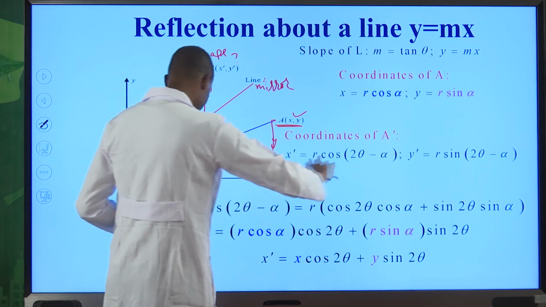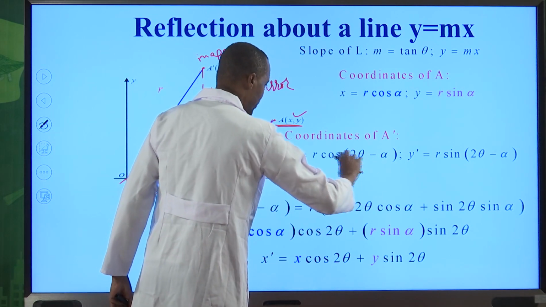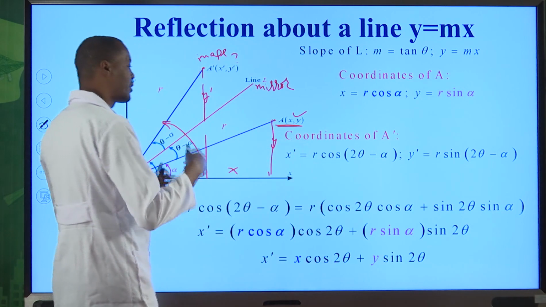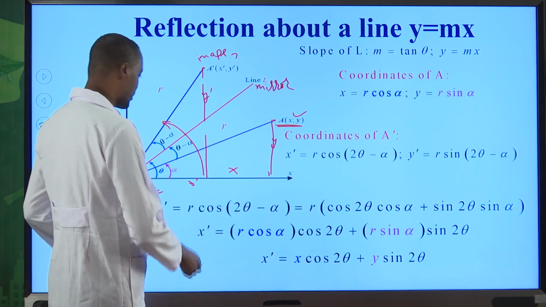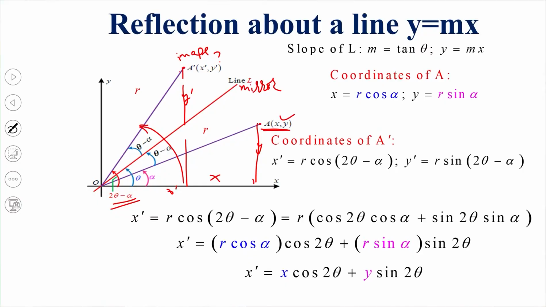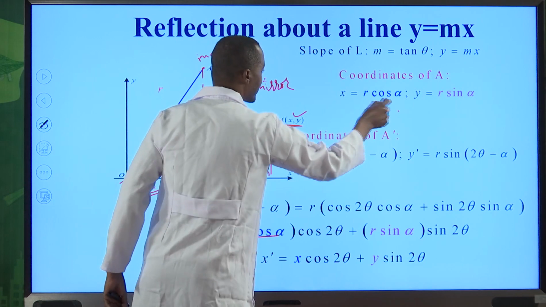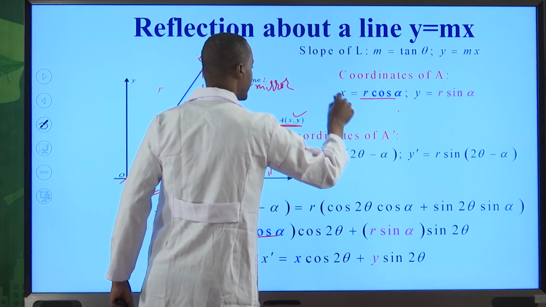And then with the help of the sum and difference cosine and sine identities, we can rewrite x prime as r into cosine of 2 theta cosine alpha plus sine of 2 theta times sine alpha. And grouping together similar terms, this is already what is here, and that is in turn x.